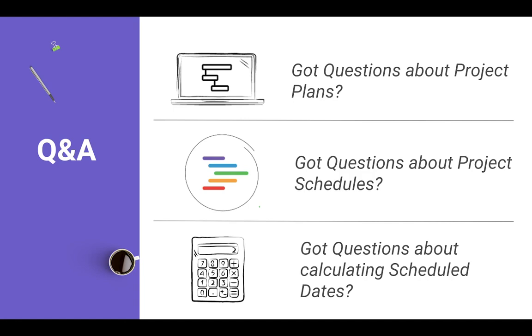But those dates are only the user estimated dates, and that will not change the planned dates on the task. The only way to change the planned dates on the task is to change them on that Gantt chart screen.